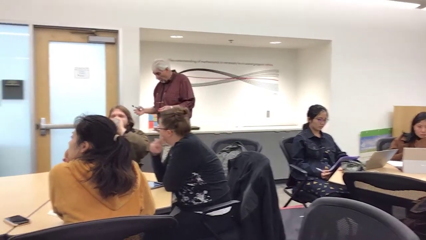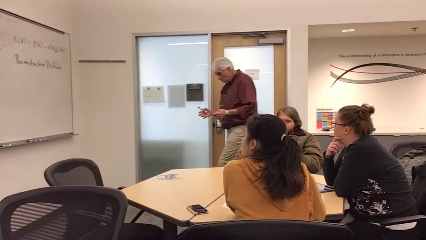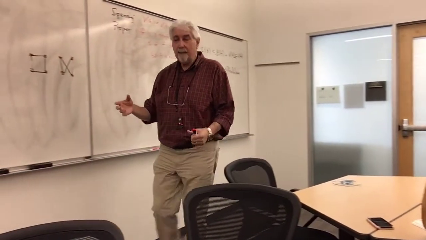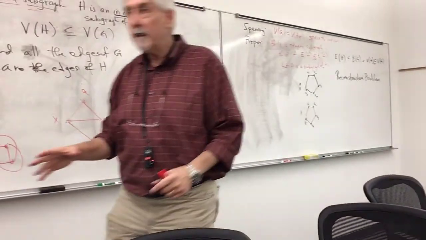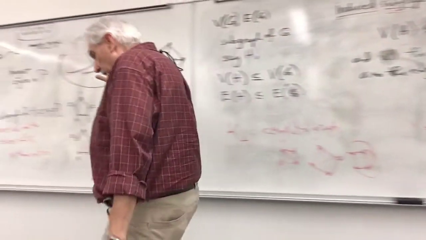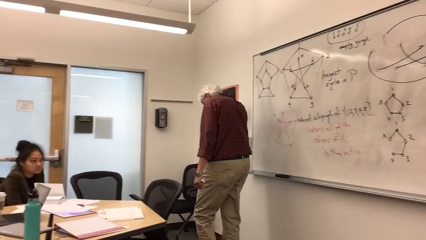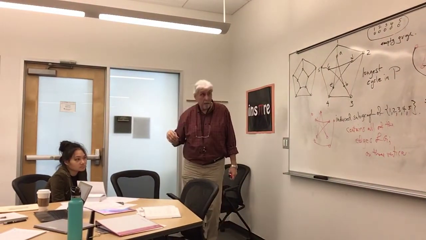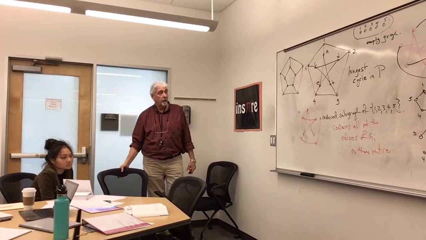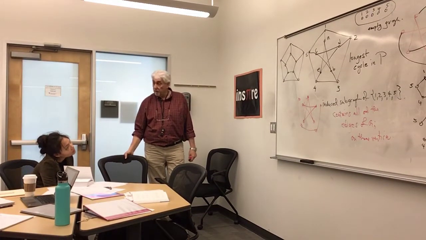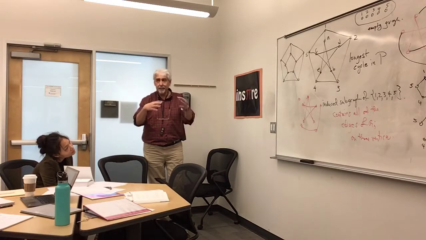This has been a problem that's been around for 100 years, and it's not known. There are a lot of graphs. Maybe we know the reconstruction problem for all graphs up to 20 or 30 vertices, but that's just denting the surface.